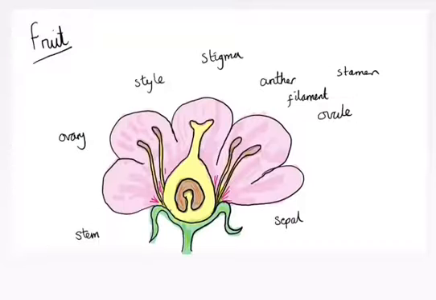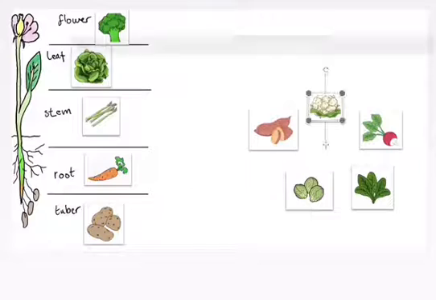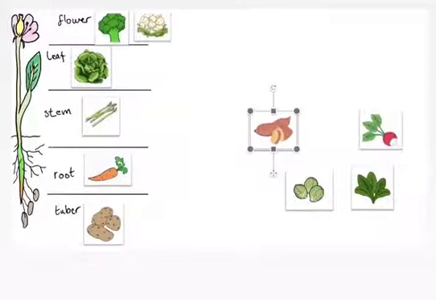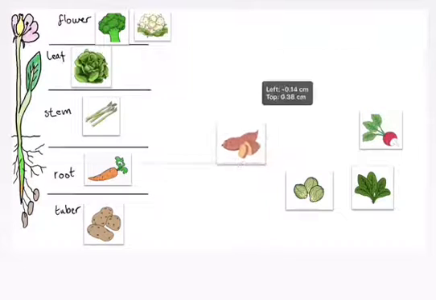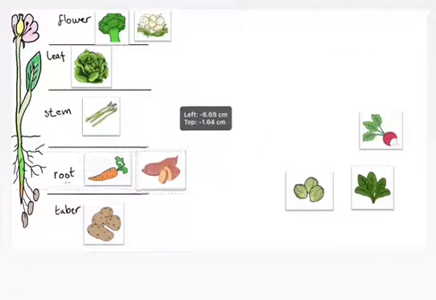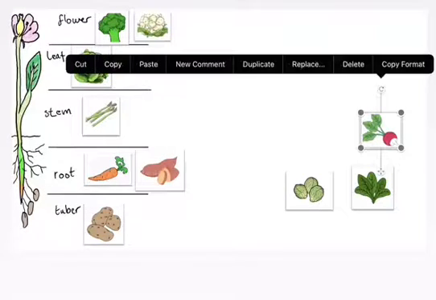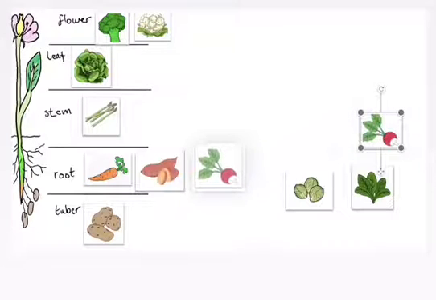Cauliflower is also the flower off of a plant. A sweet potato, it's getting annoying. A sweet potato isn't like a potato, a tuber, it's actually a root. Oh, what are these ones called? Radishes. A radish is a root.